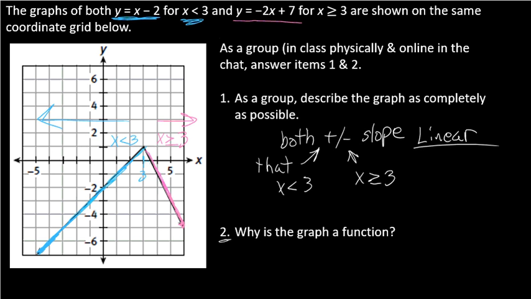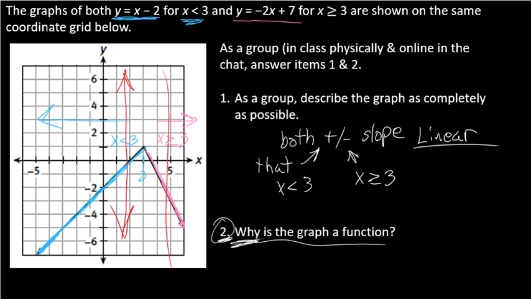Okay, so number 2 is what I keep itching to say here on number 1, but let's go ahead and save that for number 2. So is this graph a function? So you're pretty much being told, yes, it is a function, but why is it a function? Okay, so this graph, simply put, is a function because I can draw a vertical line through it.